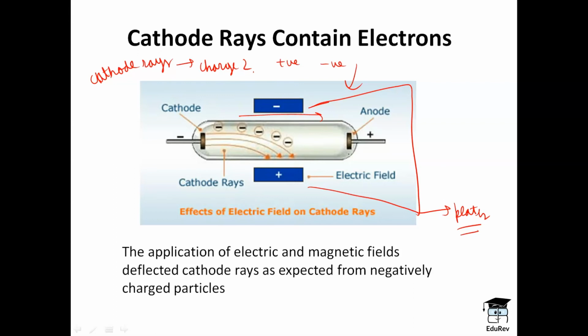The result was that the cathode rays were deflected towards the positive plate, which led to the result that there might be negative charge in the cathode rays. So this experiment concluded that due to the deflection of cathode rays towards the positive plate of the electric field, the particles inside the cathode rays were having a negative charge.